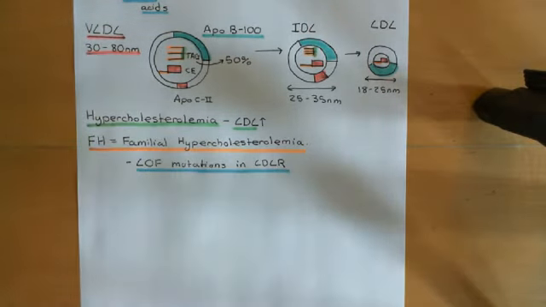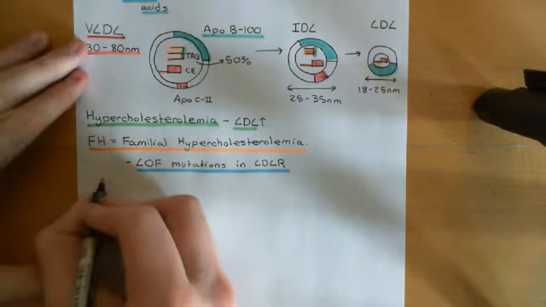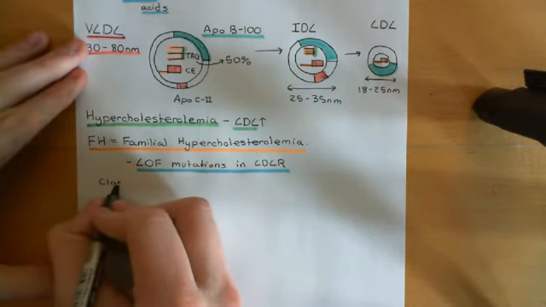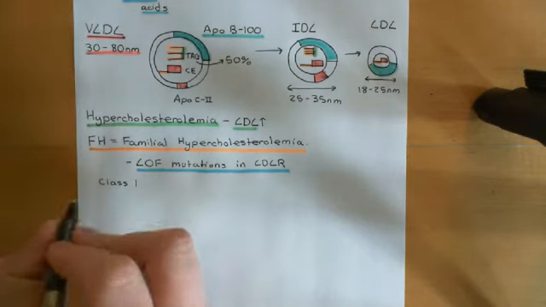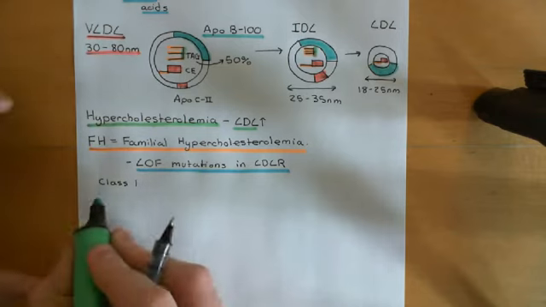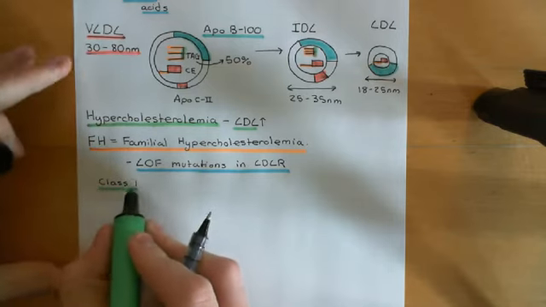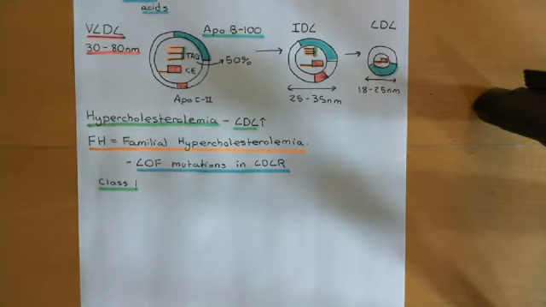Let's start off by discussing class 1 mutations in the gene for the LDL receptor. In class 1 mutations, you get some mutation, some permanent change in the sequence of organic bases in the gene for the LDL receptor, and this leads to absolutely no LDL receptor being synthesized. These are usually nonsense mutations.